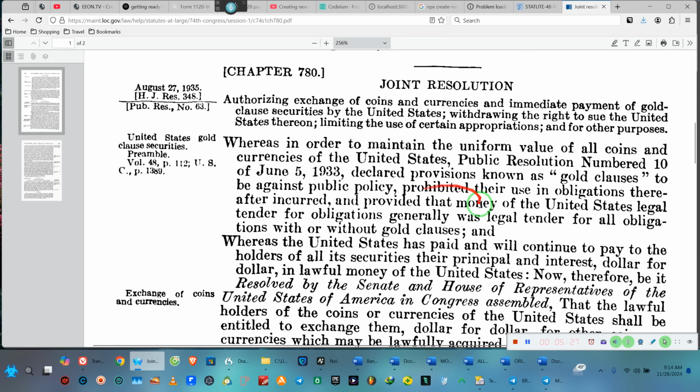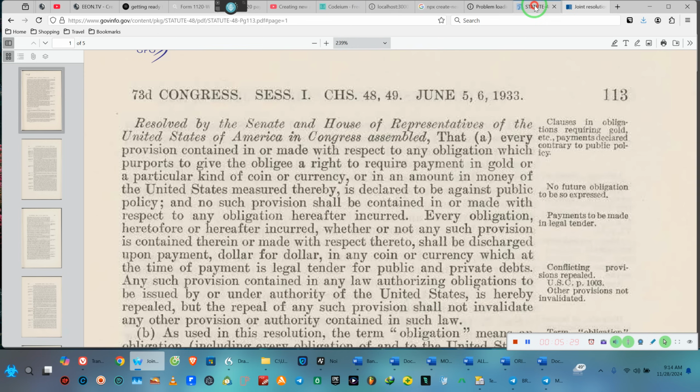Now remember, this is Congress saying this. This is not me. Measured thereby is declared to be against public policy, and no such provision shall be contained in or made with respect to any obligation hereafter incurred, permanently. Permanently. This has not been repealed, everyone. No one can demand payment for a debt.